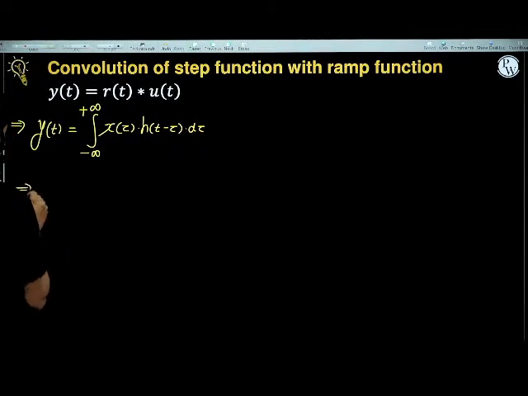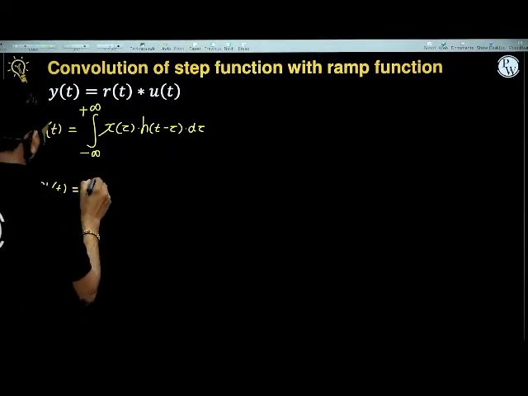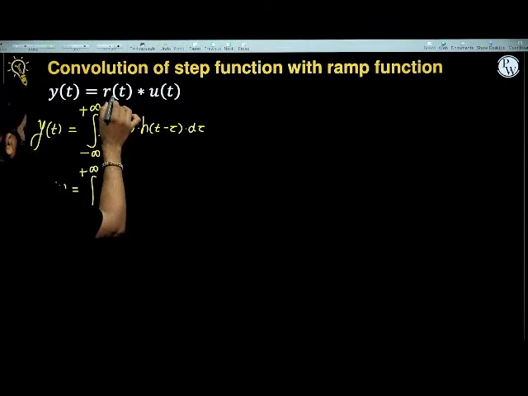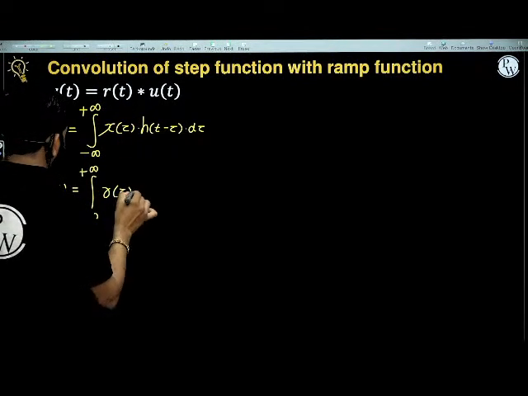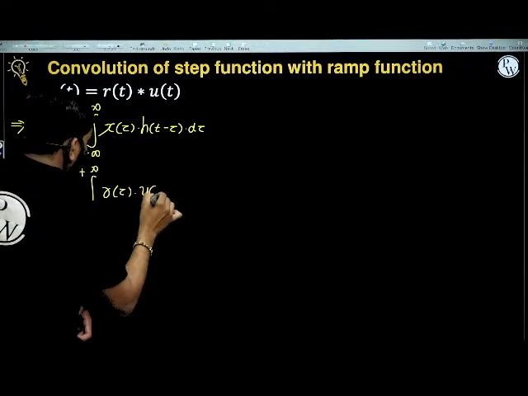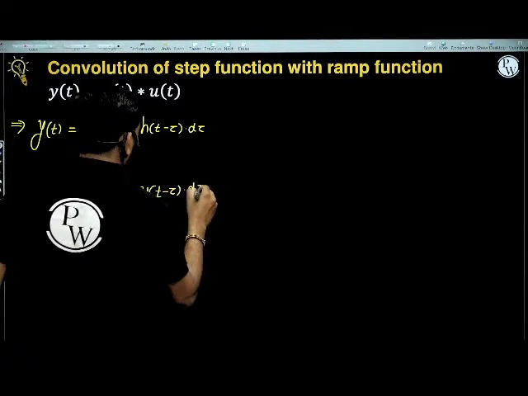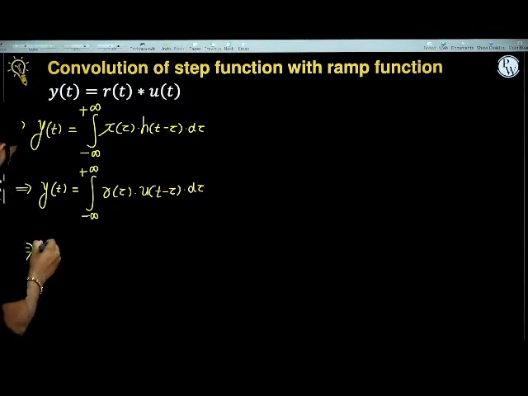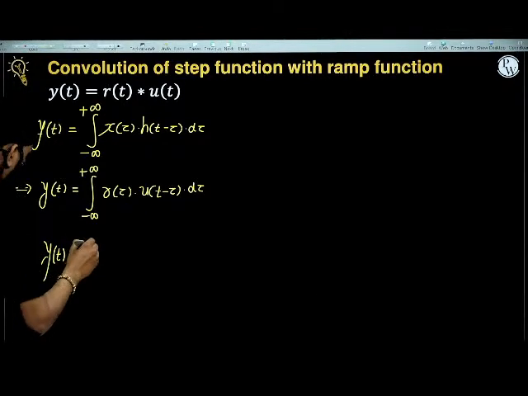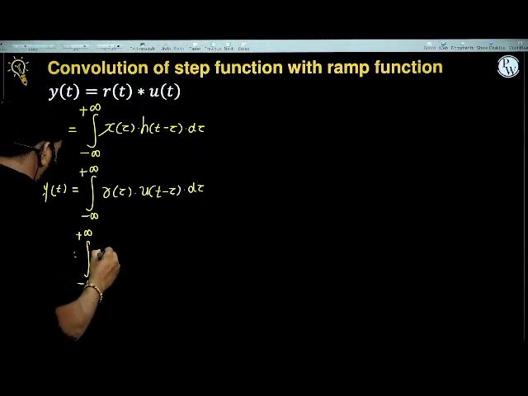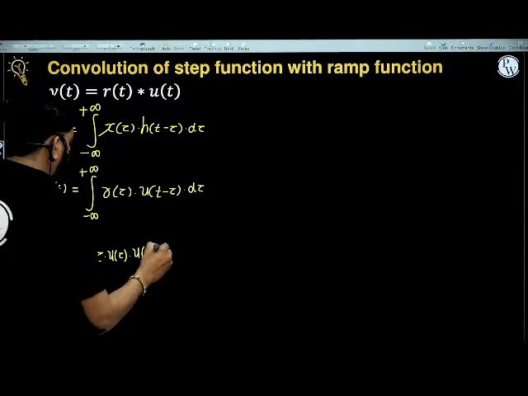Here, this is x of tau, so you can take r of tau, and this is h of t minus tau, so it is nothing but u of t minus tau d tau. Integration minus infinite to plus infinite, r of tau means tau into u of tau, and this is u of t minus tau d tau.